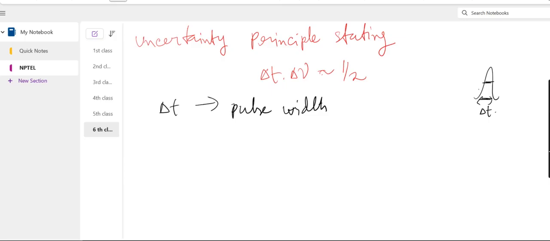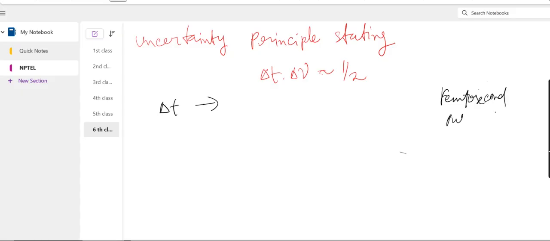When you say femtosecond pulse, delta t is in the 10 to the power minus 15 second range. In the slide given by the professor, it was mentioned that delta t is 1 picosecond, that is 10 to the power minus 12 second.